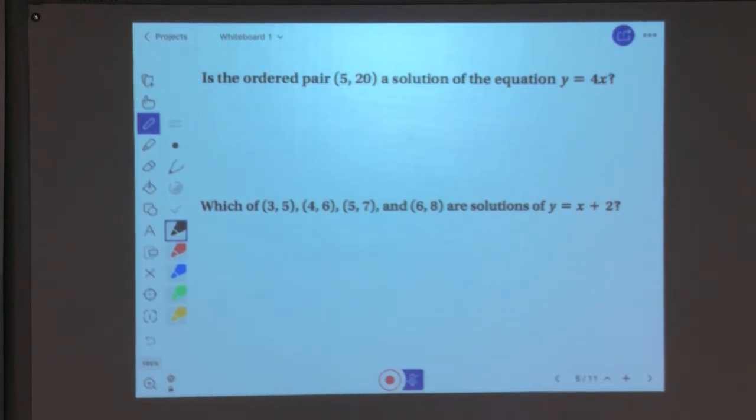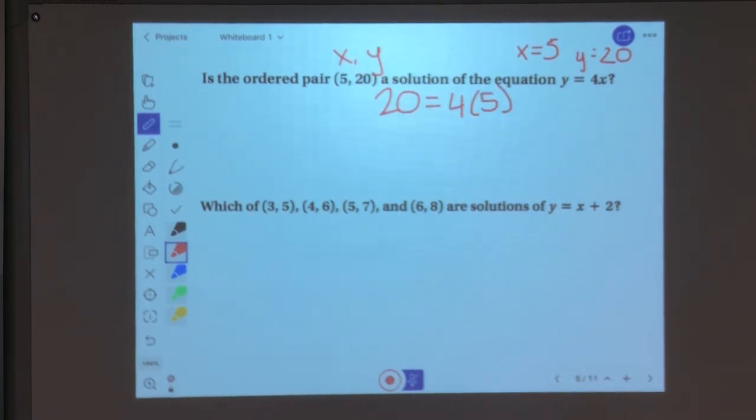Let's try some of these. Right here I have an ordered pair. We need to remember that an ordered pair is x, comma, y. So what they're really telling me here is that x equals 5 and y equals 20. I'm going to substitute those two numbers into that equation. So it becomes 20 equals 4 times 5.